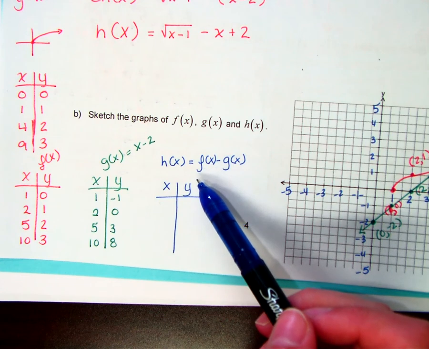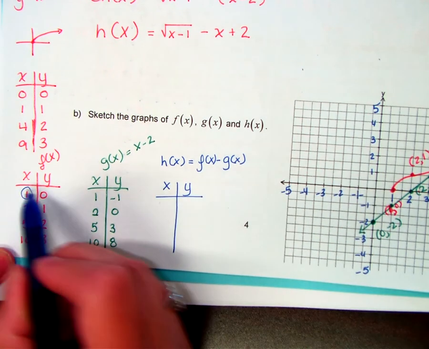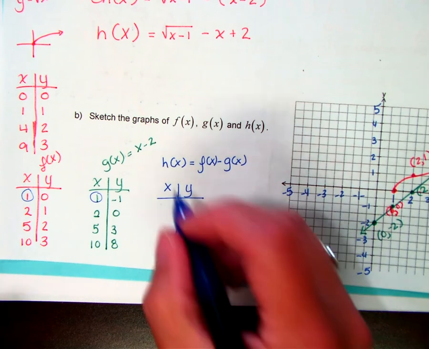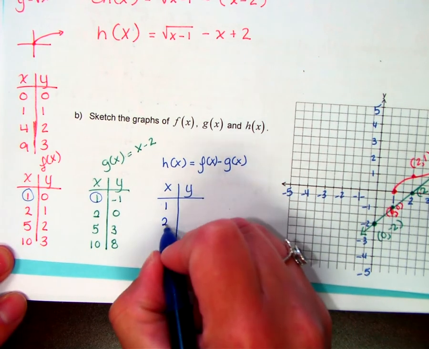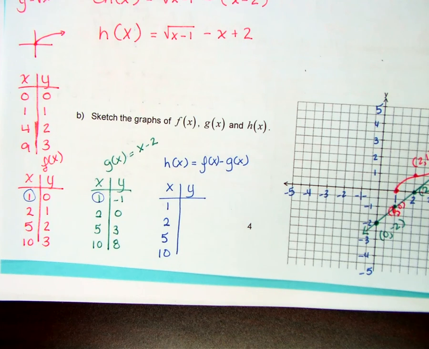Right, so what are we going to do with the y values? Subtract them. The x values have to be the same. This does not work if your x values aren't the same. So 1, 2, 5, and 10. And now all we're going to do is subtract the y values.